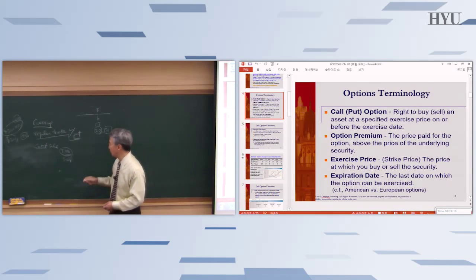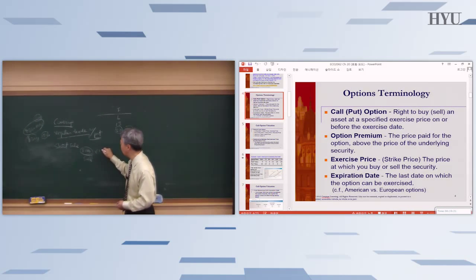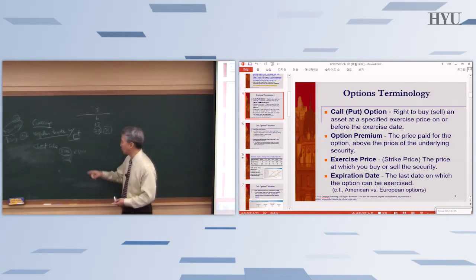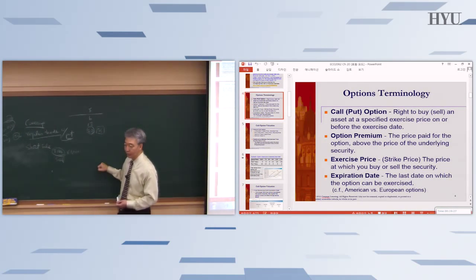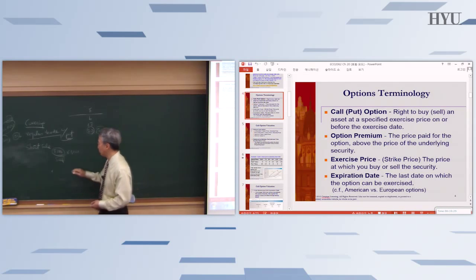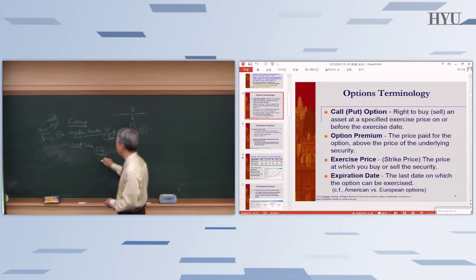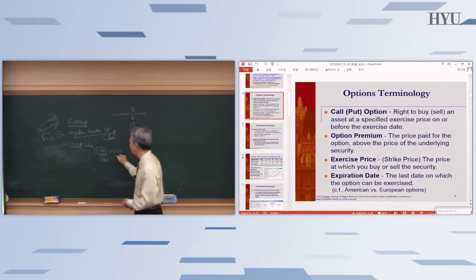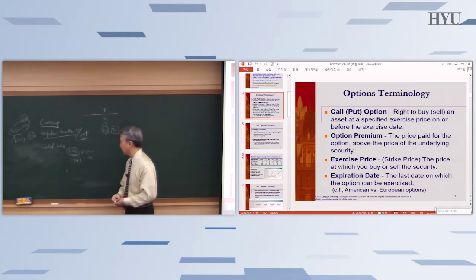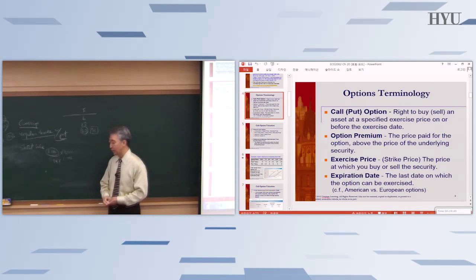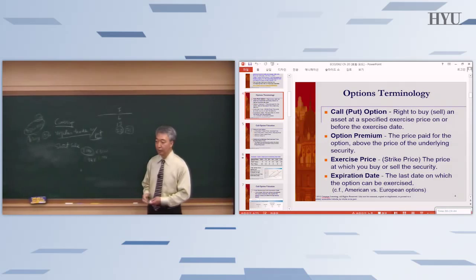Let's say you did 1,000 shares. Okay? So when you sold it, you received $100,000. Okay? And suppose it went down to 80. Okay? And so out of $100,000, you use $80,000 to purchase these shares and return them to the brokerage house.